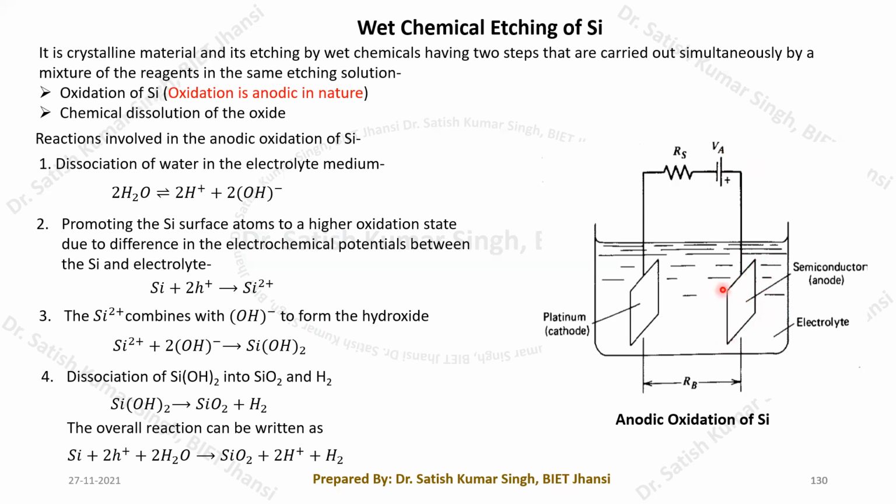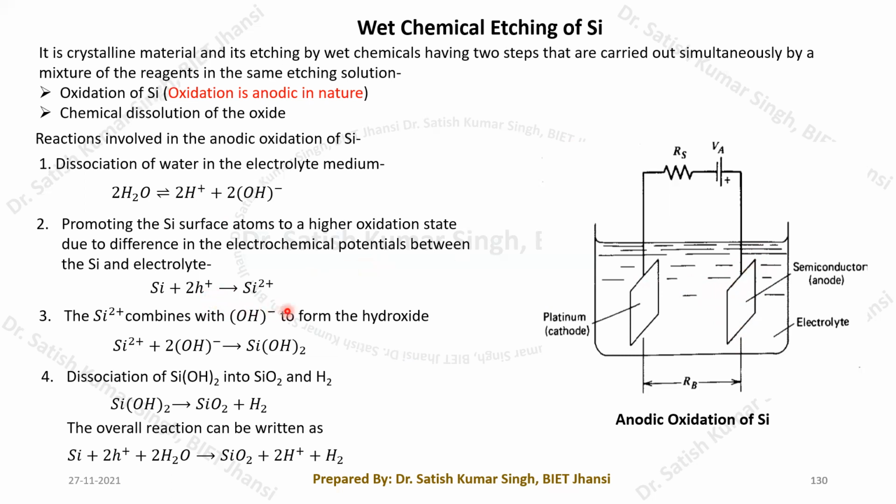So the silicon atoms available on the surface will have the excess holes. Because of the excess holes, the silicon atoms at the surface, which form the semiconductor-electrolyte interface, have this extra positive charge.